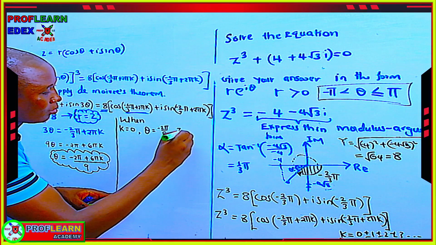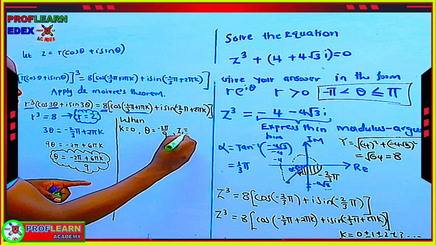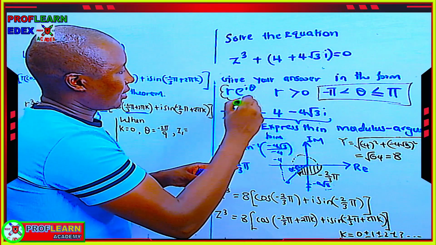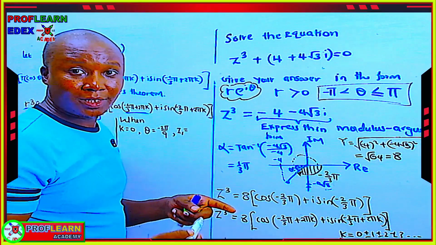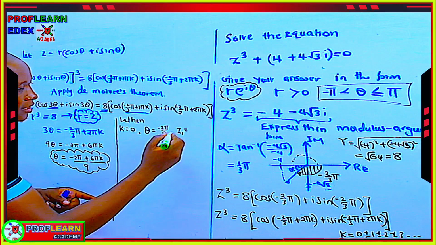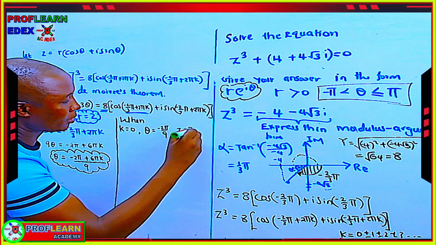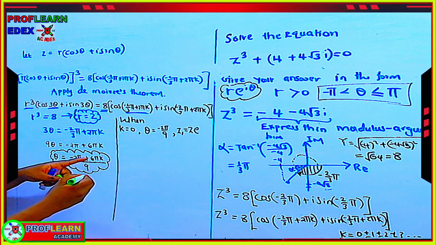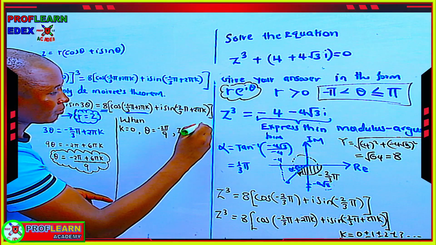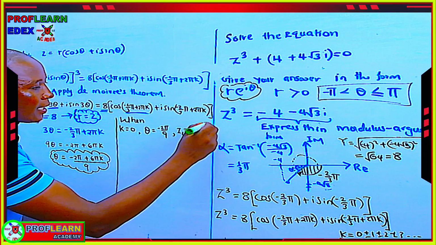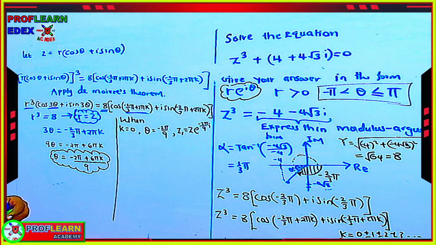Therefore z1 is going to be equal to, we are supposed to write our answer in this format. So what does that mean? It means it will be r, and our r is 2, so 2 e to the power negative 2 pi over 9 i as the first answer in this particular case.